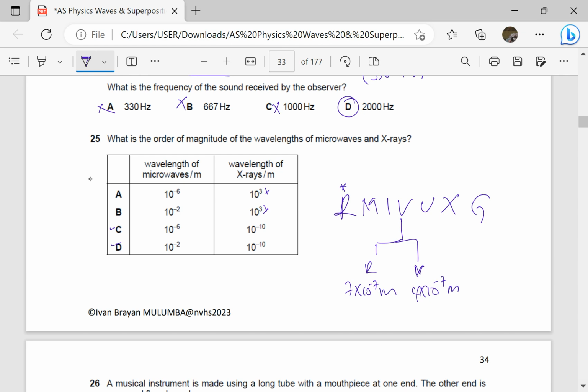That means the power of 10 should be more negative, and it is still more negative. But then infrared, the power of 10 is most likely going to be negative 6. That means microwave should be D. So the answer is D.